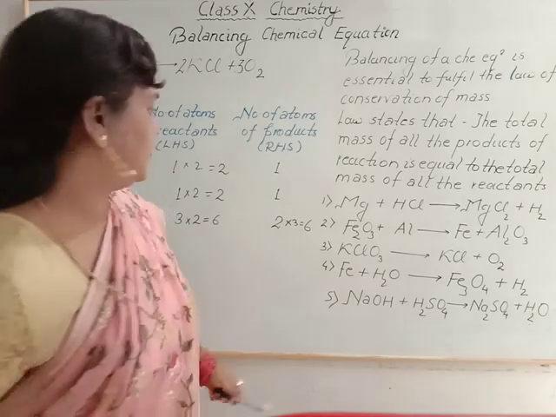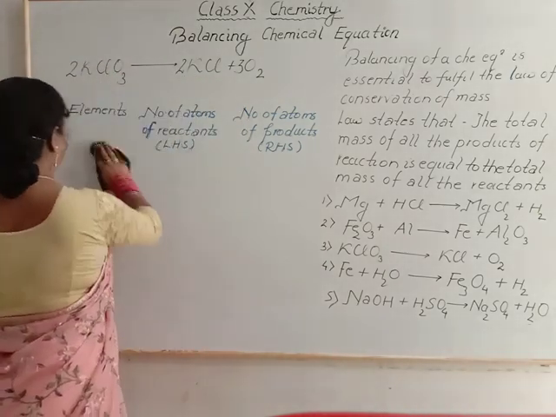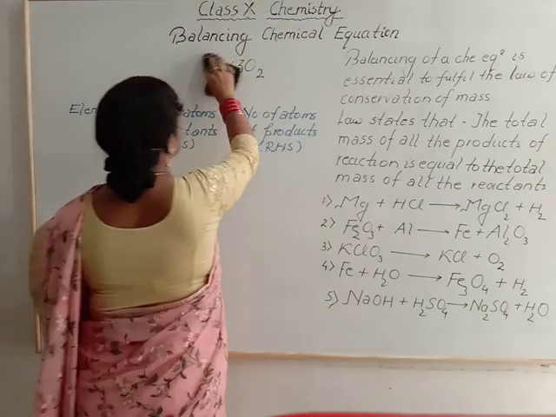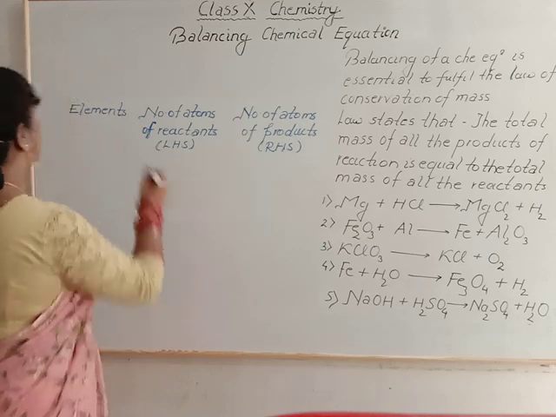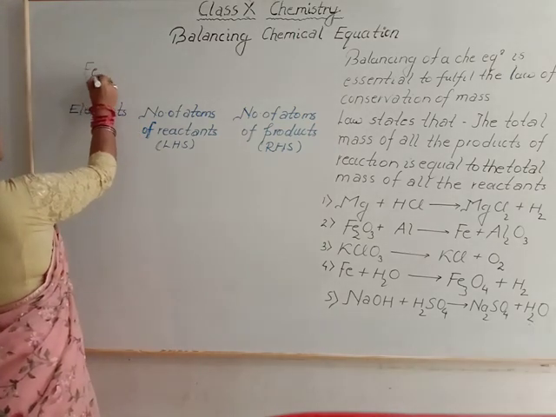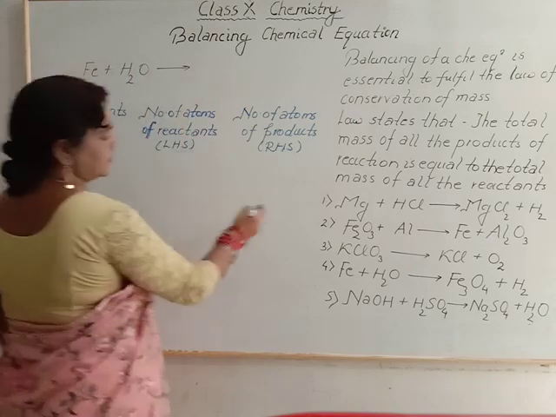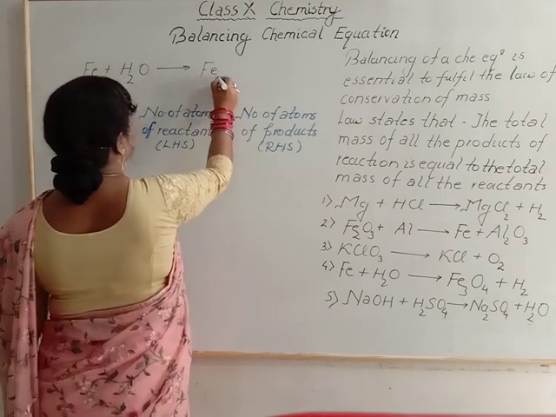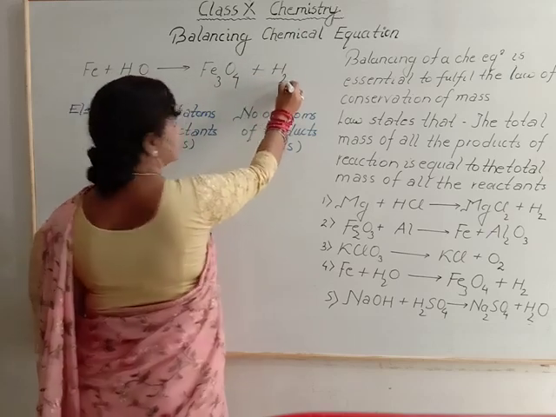Now take example 4. Fourth is iron plus water gives Fe3O4 and hydrogen.